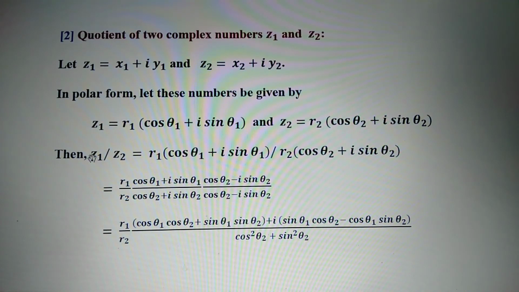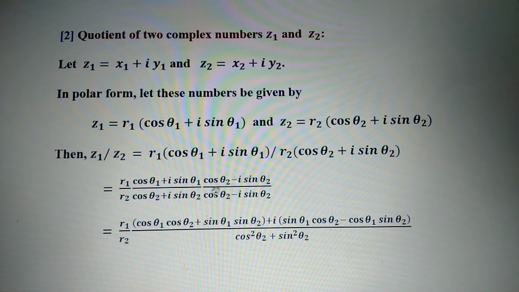Okay, then what is Z1 by Z2? Z1 by Z2 is R1 (cos theta 1 plus i sin theta 1) divided by R2 (cos theta 2 plus i sin theta 2). Now it is R1 upon R2 and (cos theta 1 plus i sin theta 1) by (cos theta 2 plus i sin theta 2).